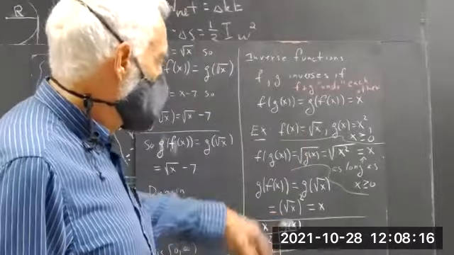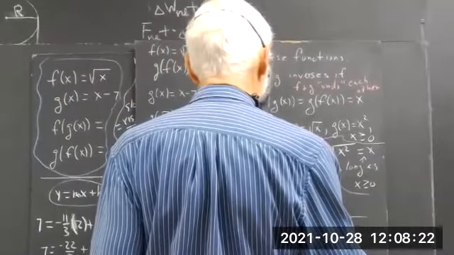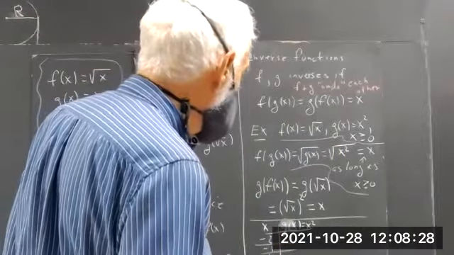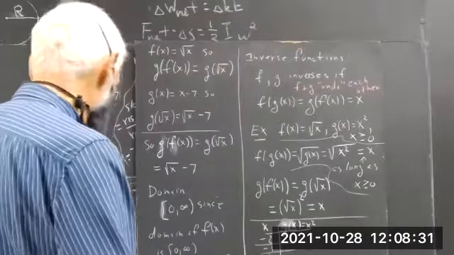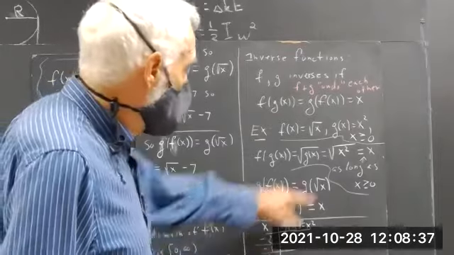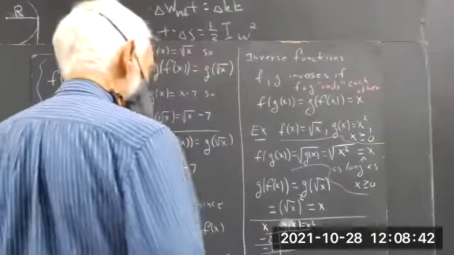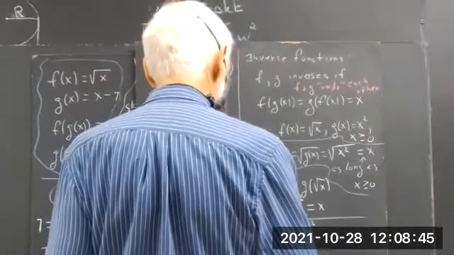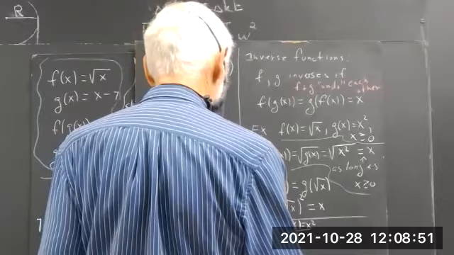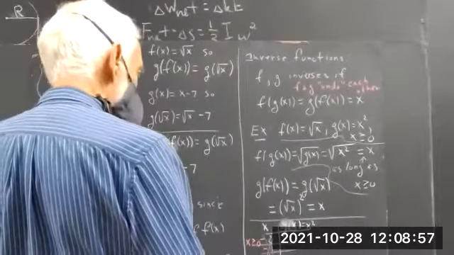The square root I regard as the inverse of the squaring function. Now, we're not going to use the negative values here because we've already said we're going to restrict ourselves to x values that are greater than or equal to 0. Since x is greater than or equal to 0, we cross out these negative values.